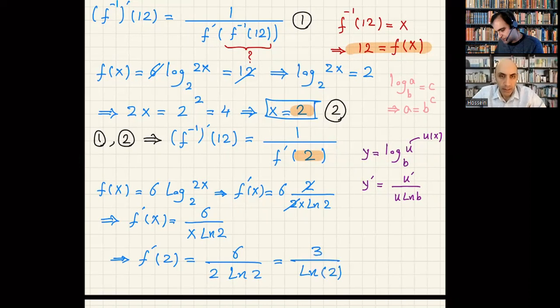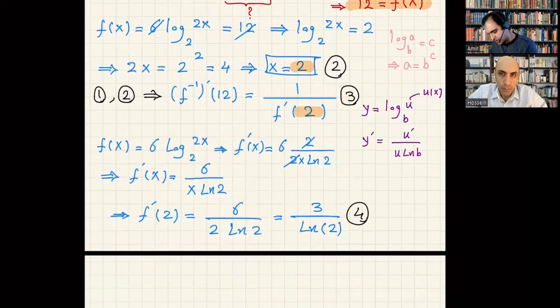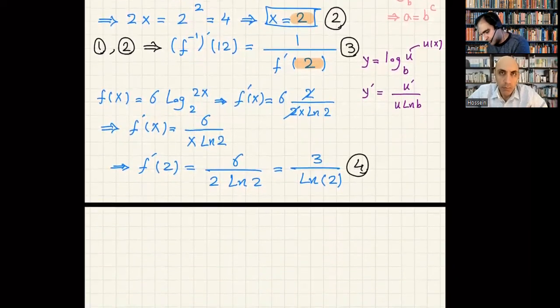You just cancel 2 on the denominator and 6 on the numerator. If I call this one 3 and this one 4, then I go to the next page.